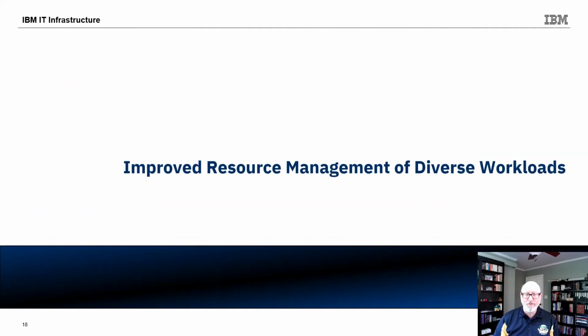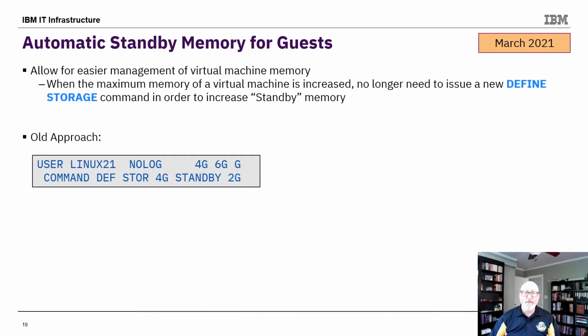So shifting gears a little bit now, I talked about improved resource management for diverse workloads. What this involves is allowing different types of virtual machines to run effectively and well, right? So another item that shipped with that 4 terabyte support back in March was this little improvement called automatic standby memory for guests.